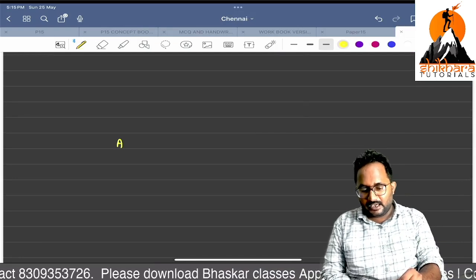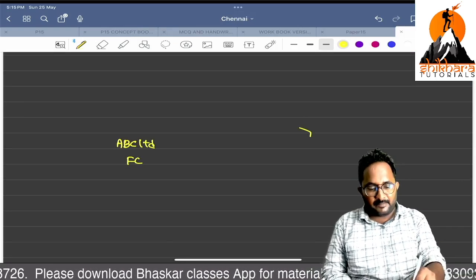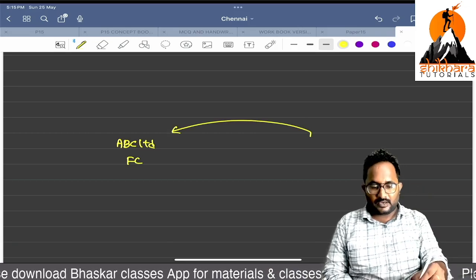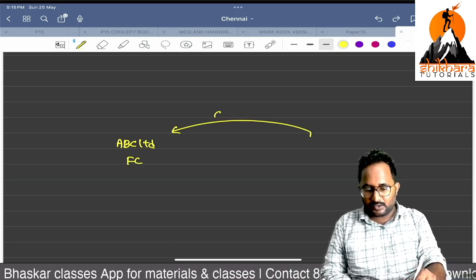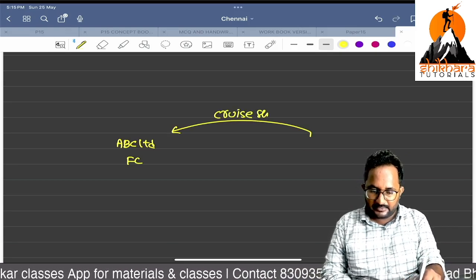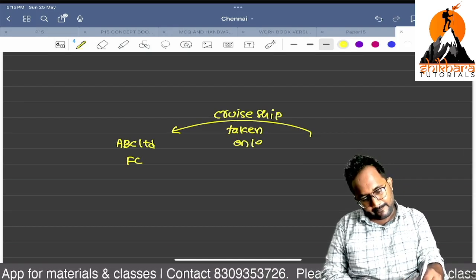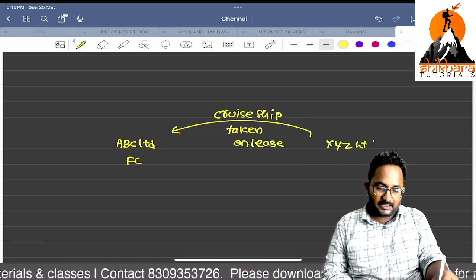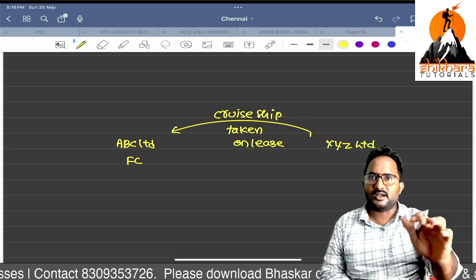Now, for example, ABC Limited is a foreign company. That company has taken one ship on lease. We have taken one cruise ship on lease from which company? XYZ Limited. XYZ Limited, that is an Indian company or foreign company, whatever it may be.